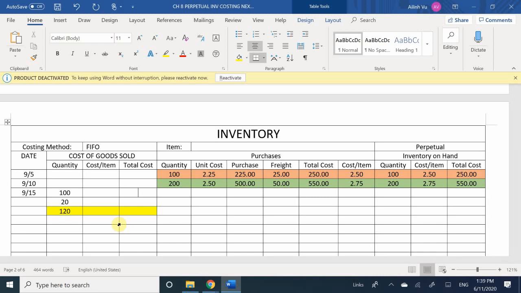So we already know that this is $2.50. But we don't need to make the calculation because we could just get rid of this entire batch right here to eliminate this 100.